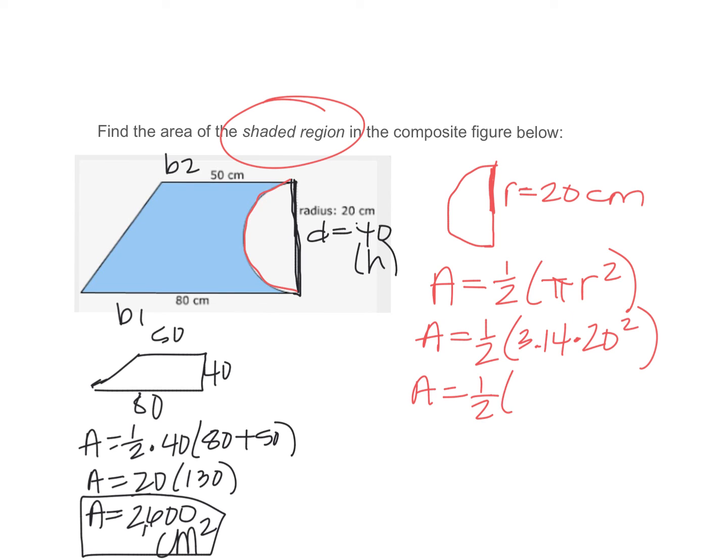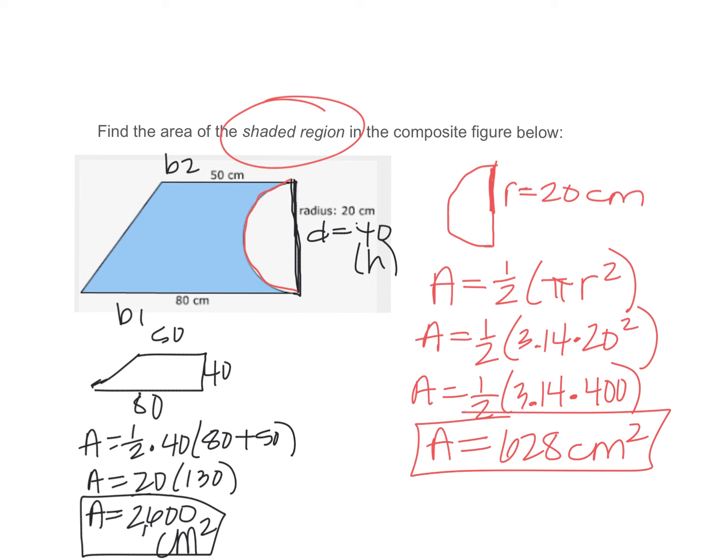So 1/2, and then 3.14 times 20 squared is 400, so times 400. So then we're going to do 0.5 times 3.14 times 400, and we get 628 centimeters squared.